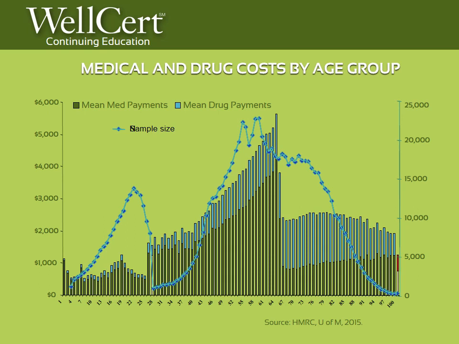And the sample size is the light blue with dark blue boxes, that line. And that corresponds to the numbers on the axis on the right-hand side, which is the numbers of people that were in this sample that is attempting to really look at what's the average or mean medical payment and the average or mean drug payment for people at different ages in a cohort in the population.